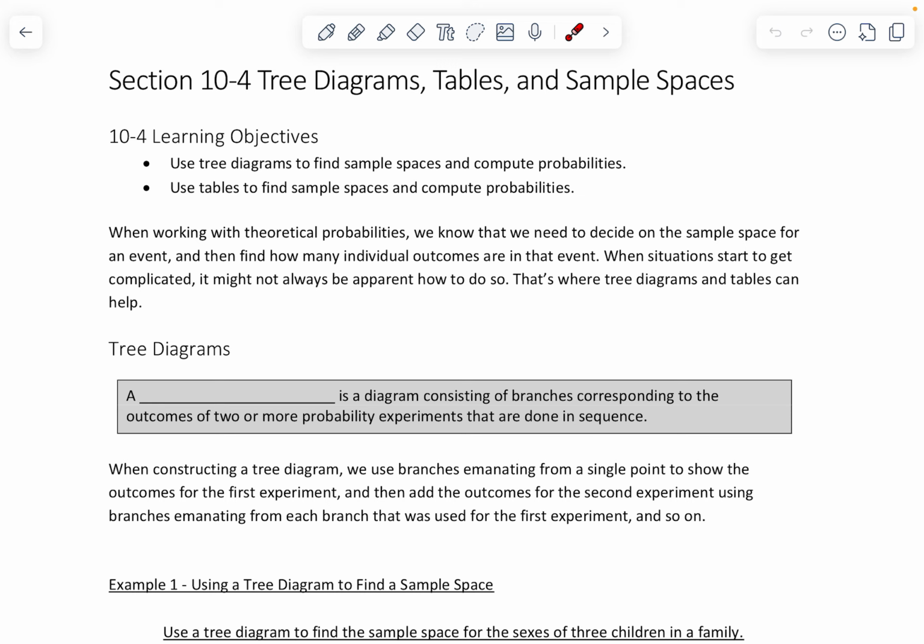Things like flipping a coin, rolling a die, those sorts of things. For simple experiments, it's pretty easy to figure out what the sample space is. Again, the sample space is just all the possible outcomes in an experiment.